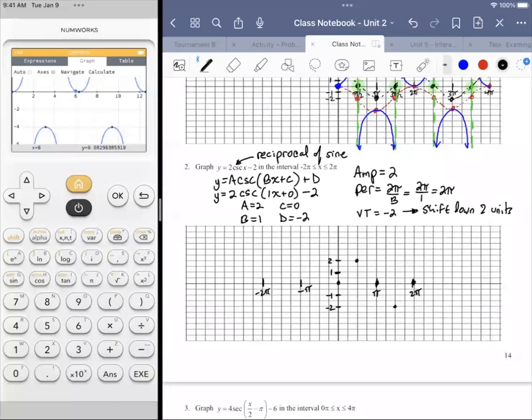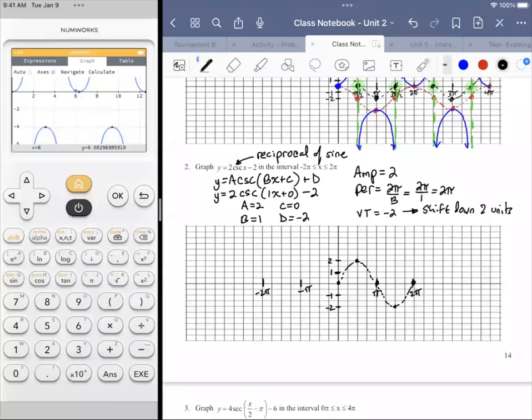Now, a lot of folks won't do the dashing. They'll just plot the points and not create the dash curve. I like to do the dash curve because I worry that I'm going to forget what points go with what. But if you can plot those points without doing the dash curve, it might make your graph look a little less busy.